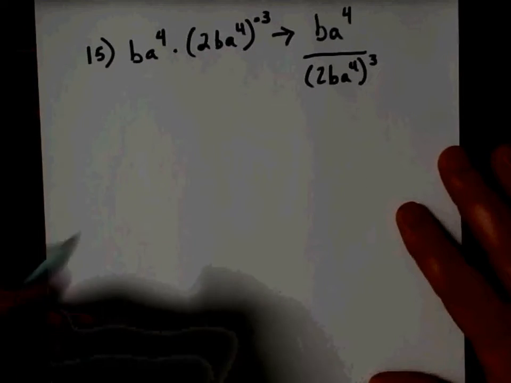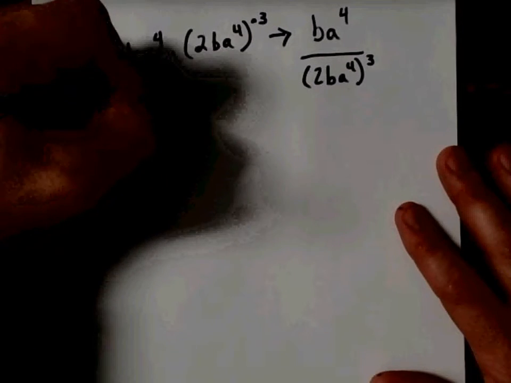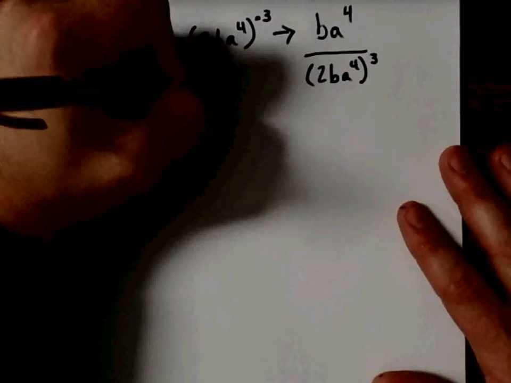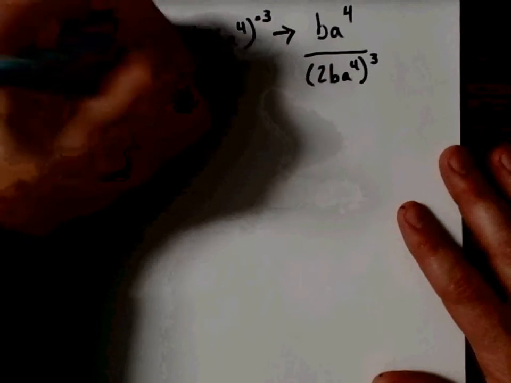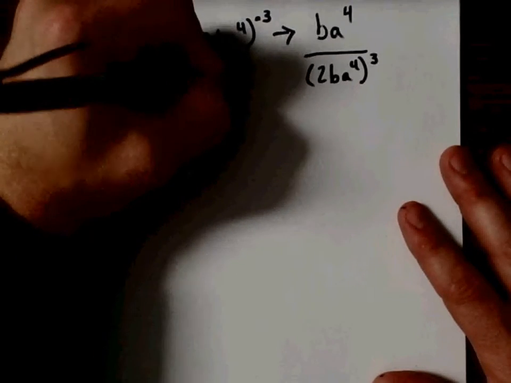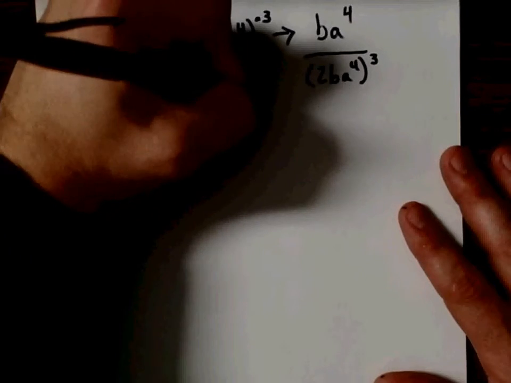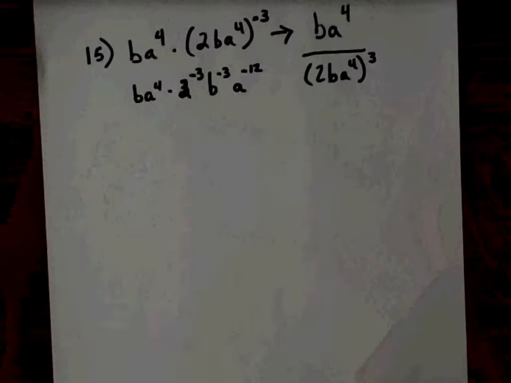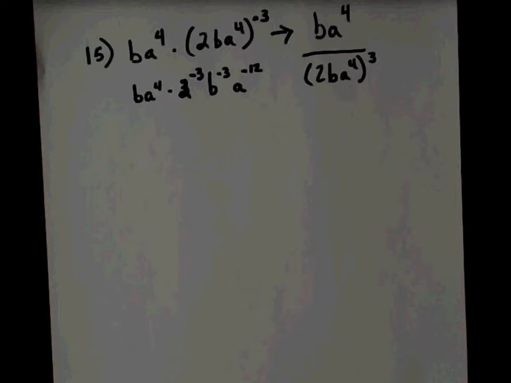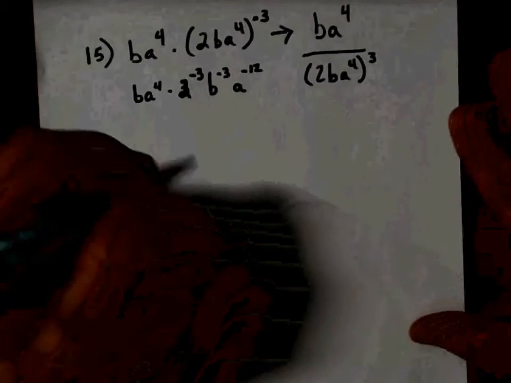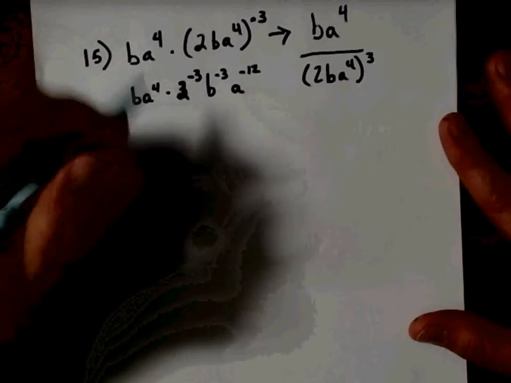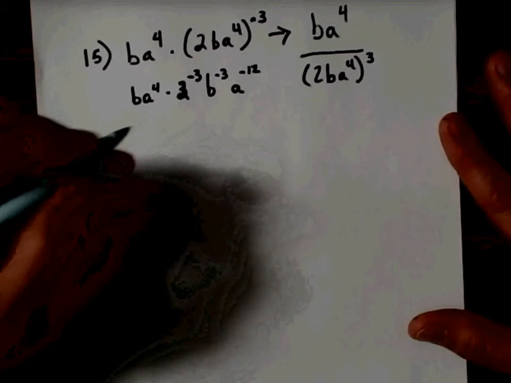And so this is going to stay the same. This is going to become 2 to the negative 3, b to the negative 3, and a to the negative 12. Right? Okay? And this is going to become, we're going to do now the product rule. There's no other 2's.